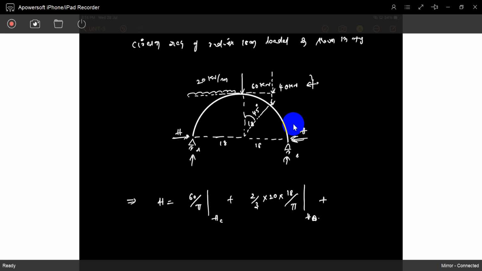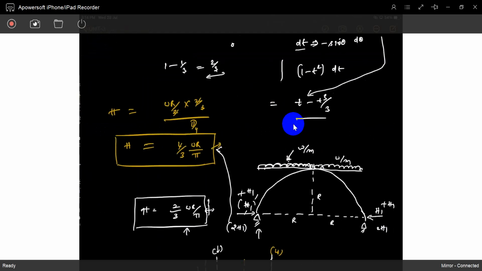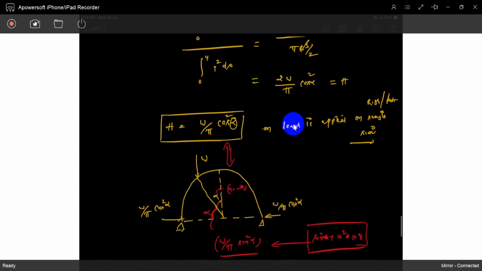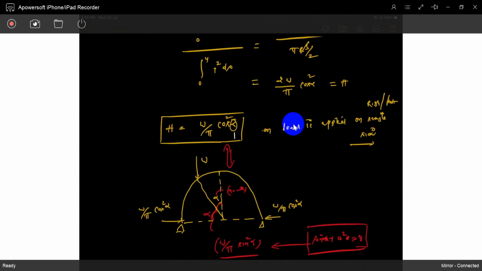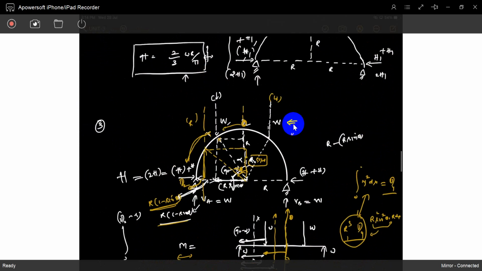Okay. Next, a point load, a concentrated load, is acting eccentrically with 45 degrees from the crown and also from the support same 45 degrees. What is happening? Concentrated load is acting, W by cos square alpha. Okay, that alpha is measured from the crown. If it is from the support, it's sin square alpha, but no need at all.